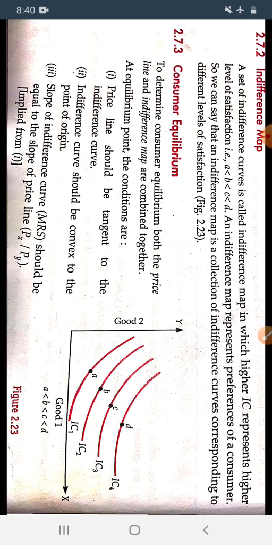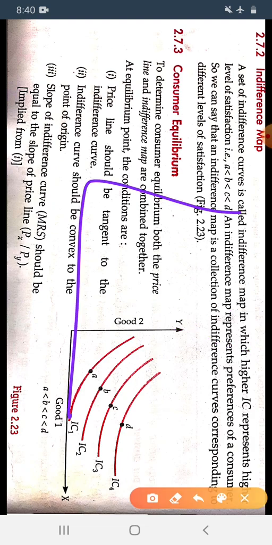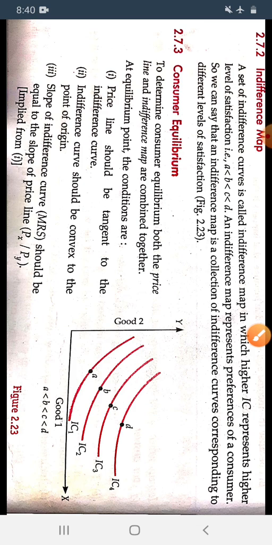Whatever price line we take, it should be tangent. Tangent means it should touch the indifference curve, like this point here. Next, the indifference curve should be convex to the origin. We have already seen that the indifference curve is convex to the origin.